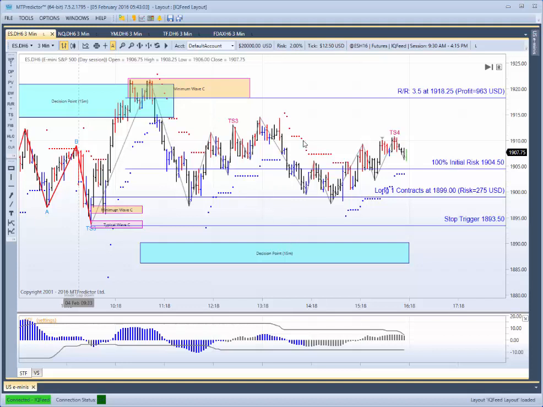So hopefully you can see how our multi-time frame analysis fits in with our MTPredictor trade setups, and how we filter them in the direction of the large degree trend, and how our DPs are leading and on our charts in advance to give us potential areas of support and resistance. And even though the market just went nowhere yesterday, we actually had a very good day with this very nice profitable trade, which was much larger than the loss. So a good day overall for MTPredictor yesterday on the ES.